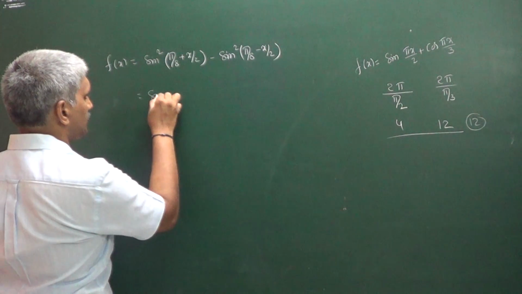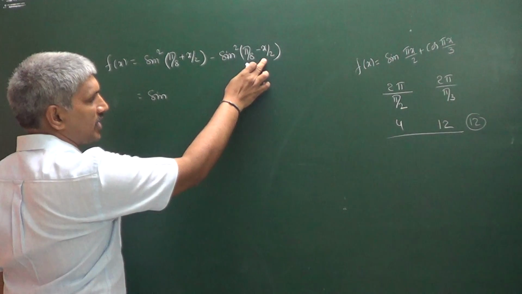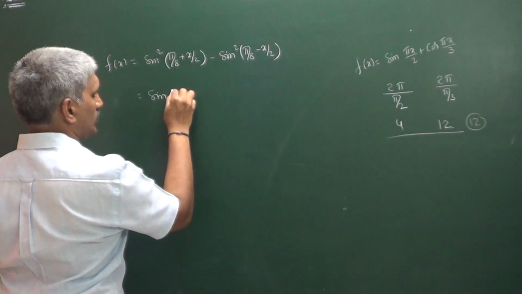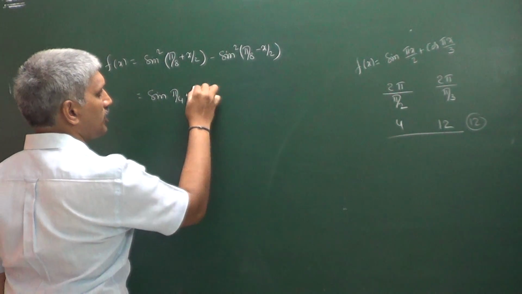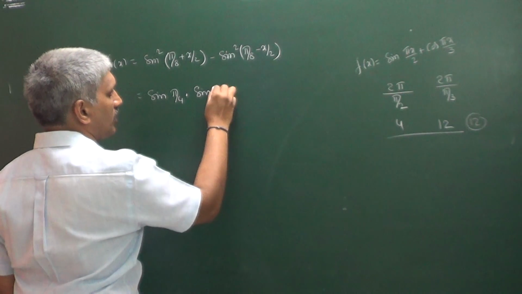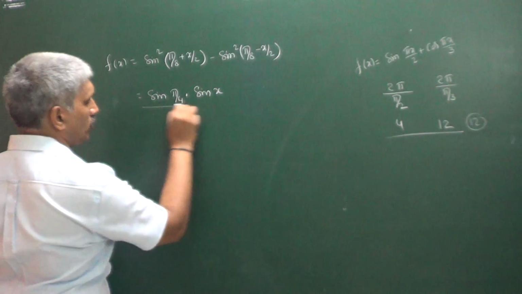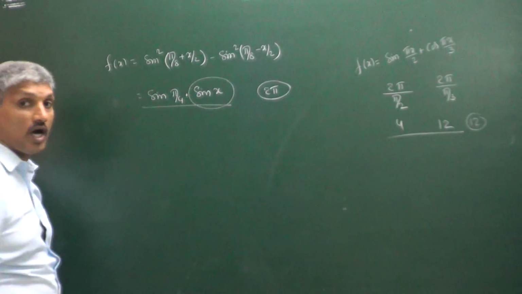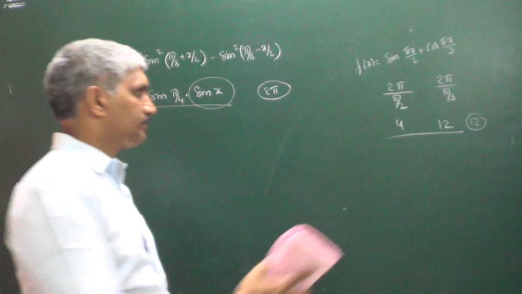That's why you will get sin pi by 4 into sin x. Now you know sin x is a periodic function with period 2 pi, which is the answer for that particular question.